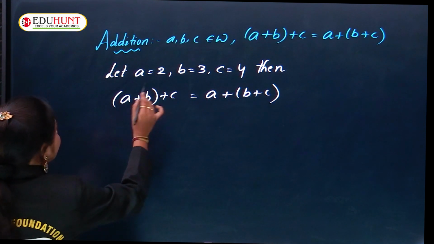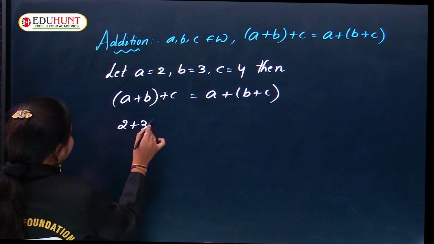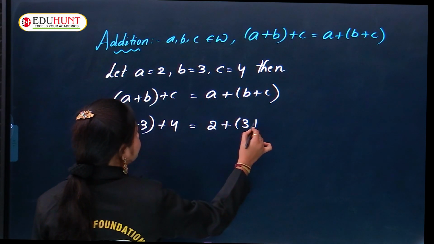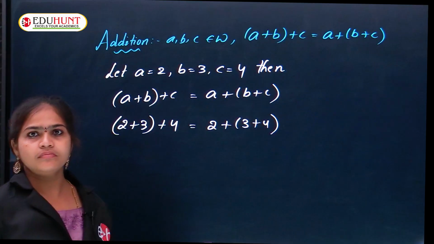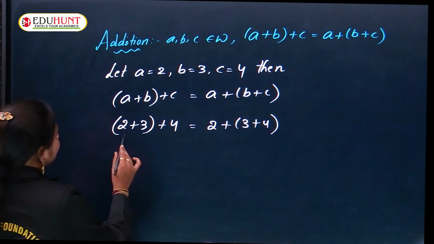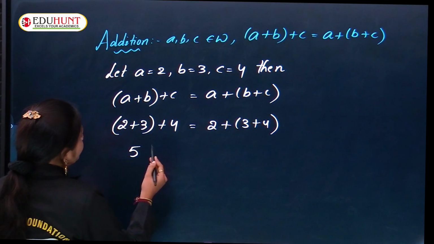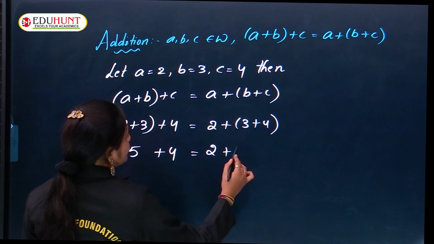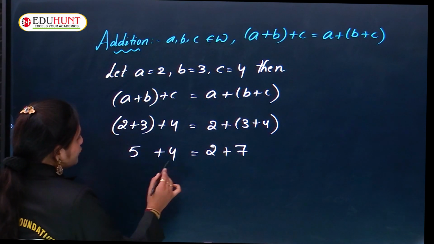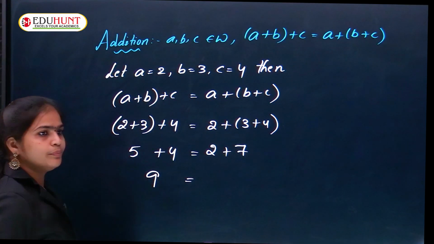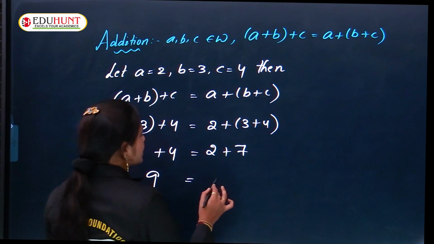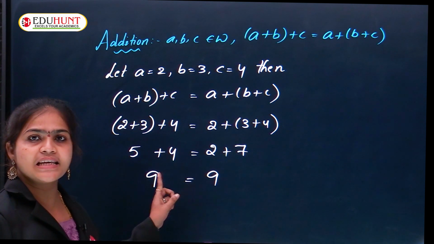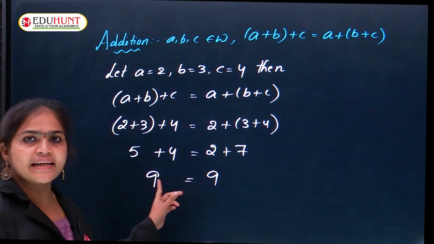Just check it. (2 plus 3) plus 4 equals 2 plus (3 plus 4). 2 plus 3 is 5, and 5 plus 4 is 9. On the other side, 3 plus 4 is 7, and 2 plus 7 is also 9. Both sides give the same result.